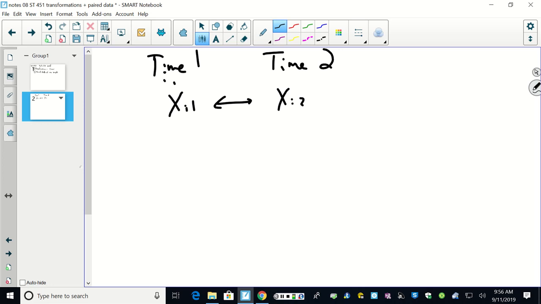It might be not time 1 or time 2, it might be group 1, group 2, but there's some matching, right? And time 1 and time 2 are typically correlated with one another.